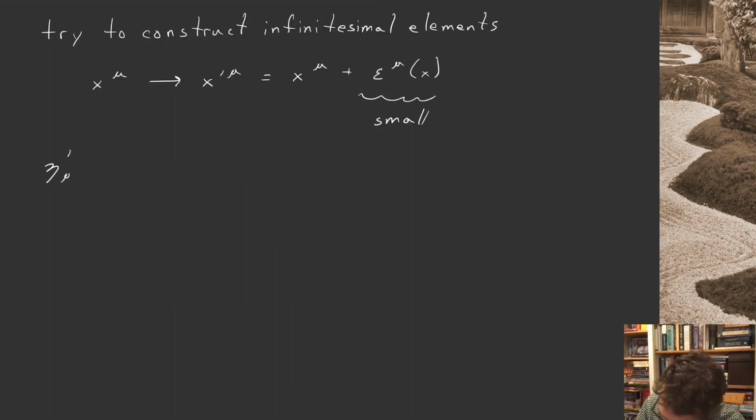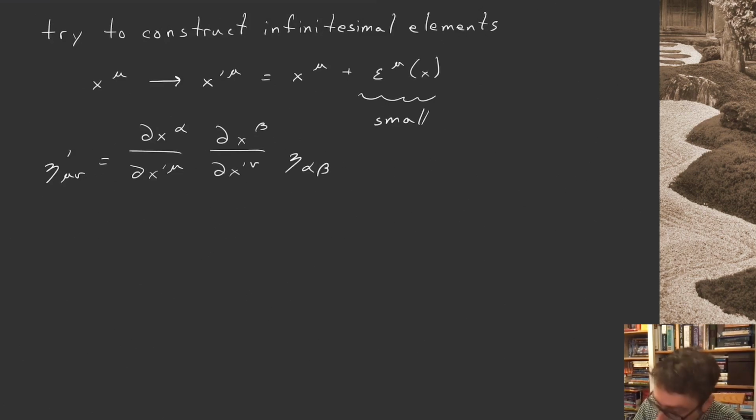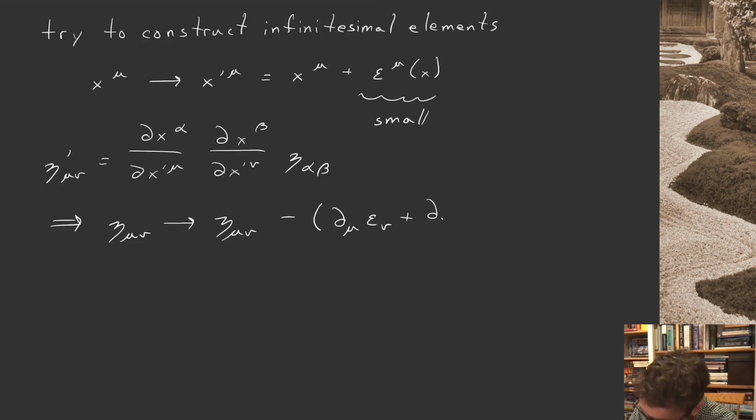So we have our defining relation that eta prime mu nu is dx alpha dx prime mu, dx beta dx prime nu, eta alpha beta. Expanding that out to first order, we find that eta mu nu goes to eta mu nu minus a shift, d mu epsilon nu plus d nu epsilon mu. Notice the minus sign, because I'm taking the derivative of x with respect to x prime instead of vice versa, so I've got to move the epsilon over to the other side. And then plus some small corrections that I'm going to drop, because I'm just looking infinitesimally.